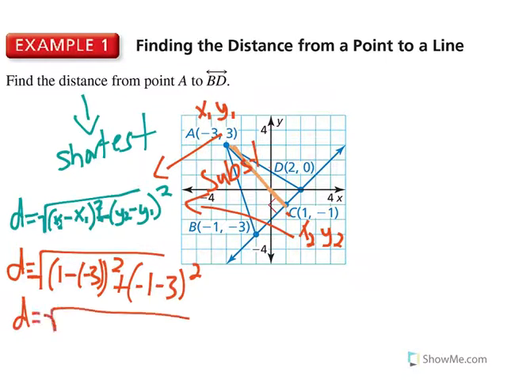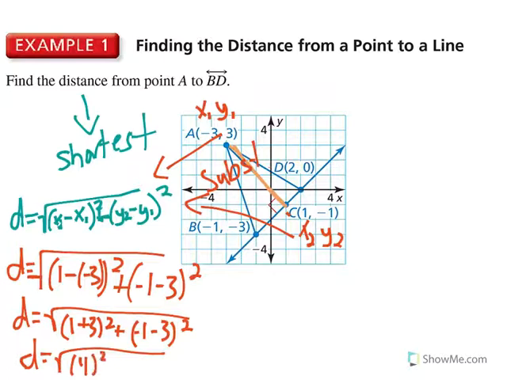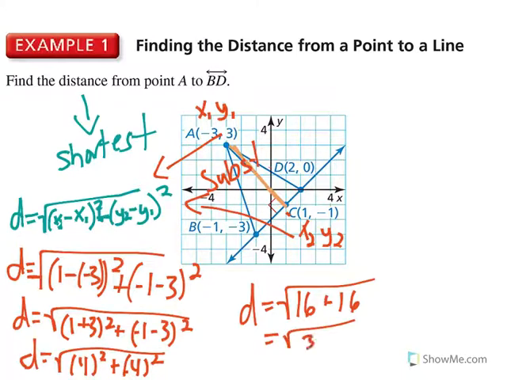So I need to just simplify this. Negative times a negative makes a positive, so I have 1 plus 3 squared, negative 1 minus 3 squared, and I just keep solving. So 1 plus 3 gives me 4 squared, negative 1 minus 3 gives me negative 4 squared. 4 squared is 16, negative 4 squared is also 16, because that squared, remember, is going to make it positive, so I get the square root of 32.